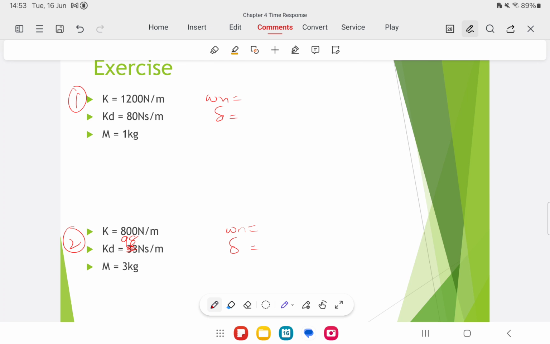Yang nak balik awal siapa? Berapa dah? Okay, sikit lagi. Okay, cuba kira. Compare, lepas tu masukkan dalam komputer.